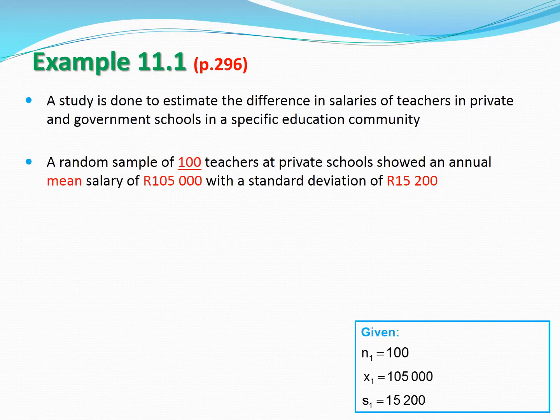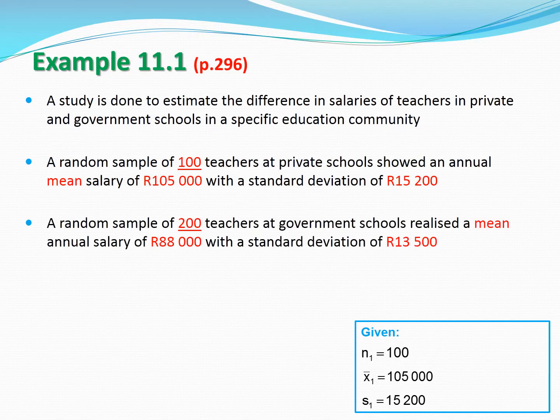That means that our n1 is going to be 100, our x̄1 is going to be 105,000, and s1 is going to be 15,200. So it's the standard deviation that's given, so in your test statistic you will still need to square that value.